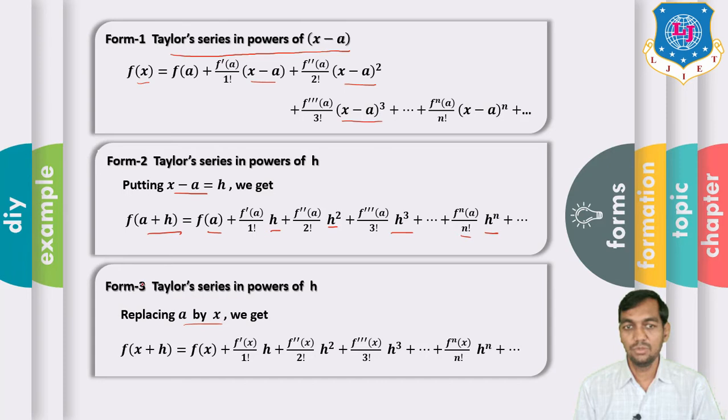So replacing a by x will give you f(x plus h) is equal to f(x) plus f'(x) upon 1 factorial into h plus f''(x) upon 2 factorial h square plus f'''(x) upon 3 factorial h cube plus dot dot dot. The general term will be f^n(x) divided by n factorial into h raised to n plus dot dot dot. Correct?